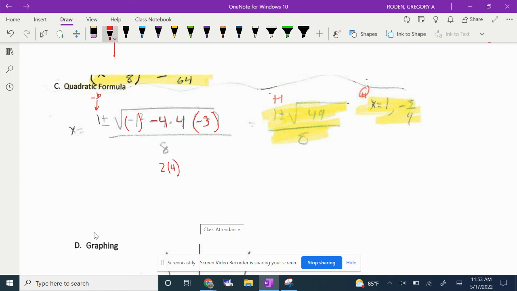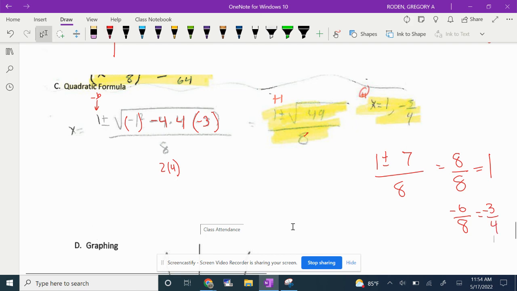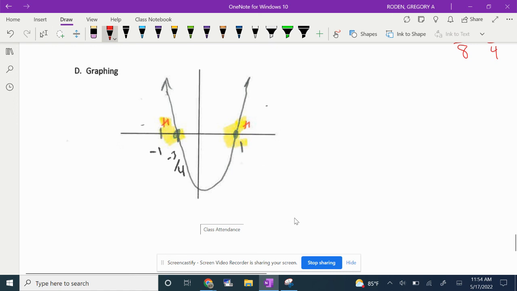And so we did all the math, crunch it, you get 1 plus or minus the square root of 49 over 8. So you get 1 plus or minus 7 over 8. So 1 plus 7 is 8 over 8, which equals 1. 1 minus 7 is -6 over 8, which equals -3/4. You reduce.